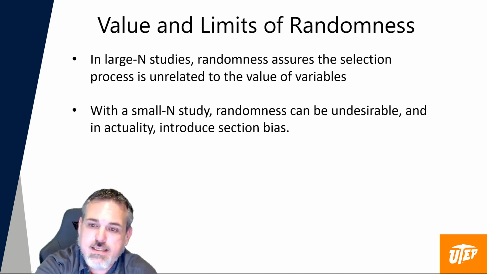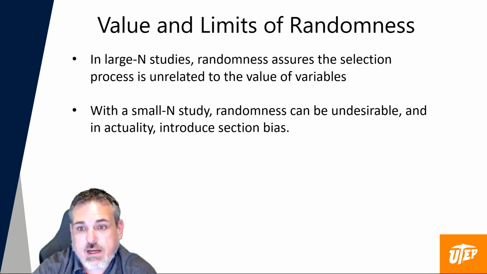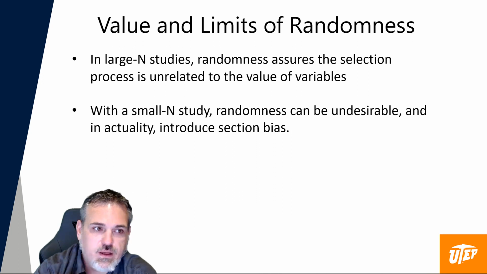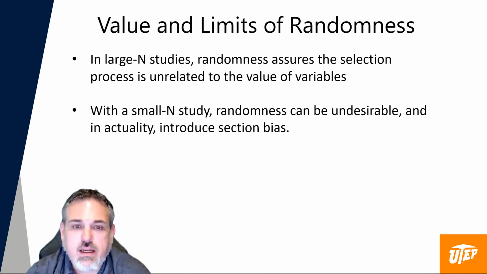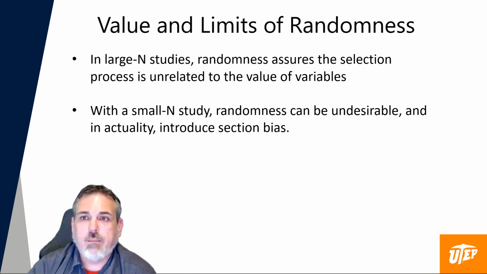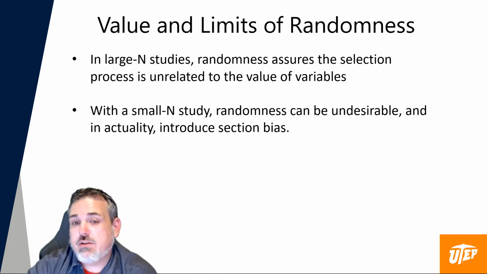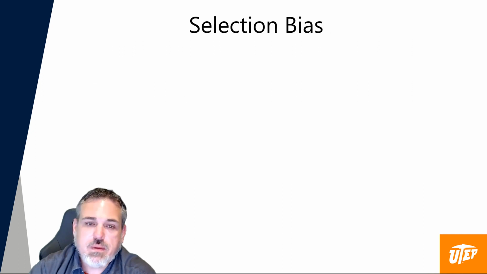In large N studies, we use that randomness to eliminate any selection bias. So the tool of randomness, which is exceedingly used in quantitative studies, might itself introduce biases into small n qualitative research.